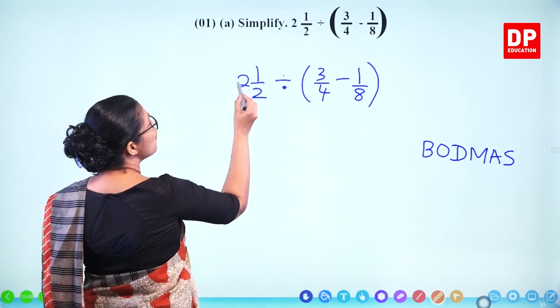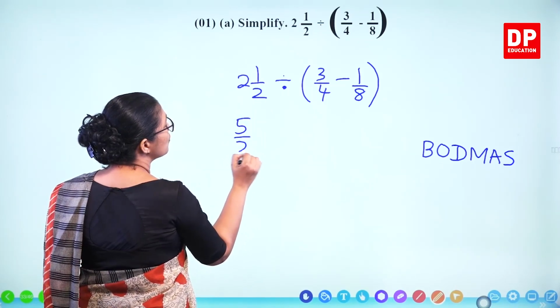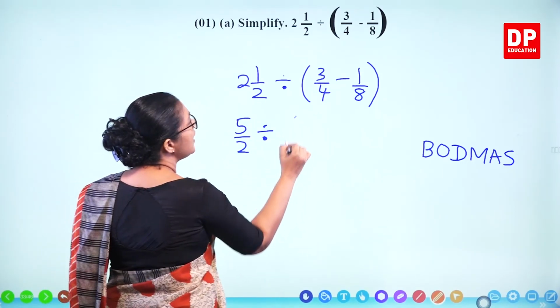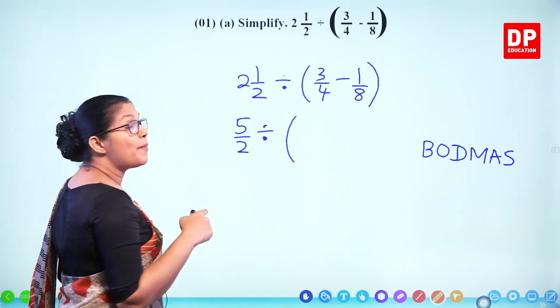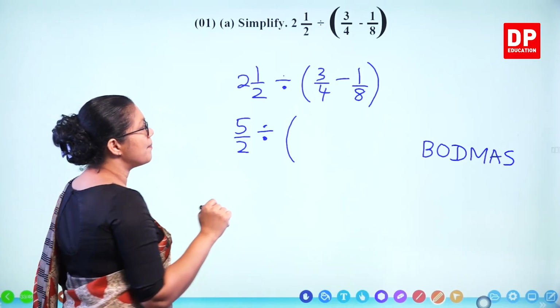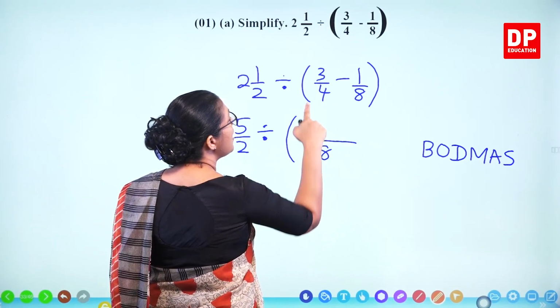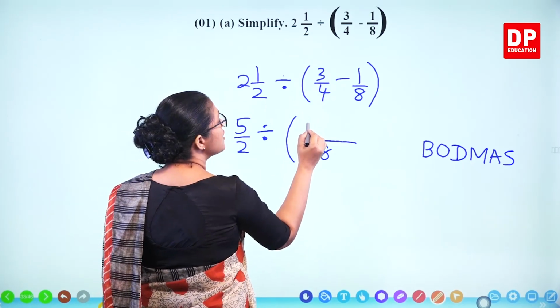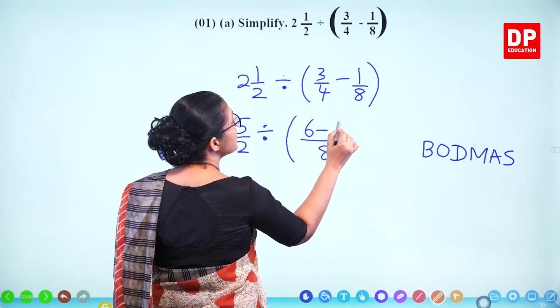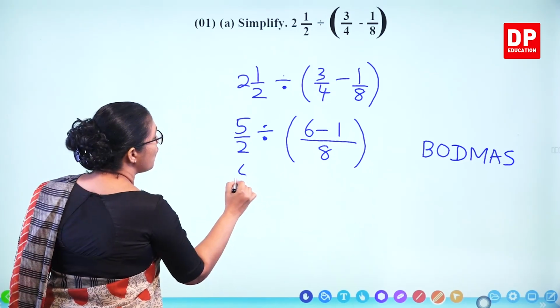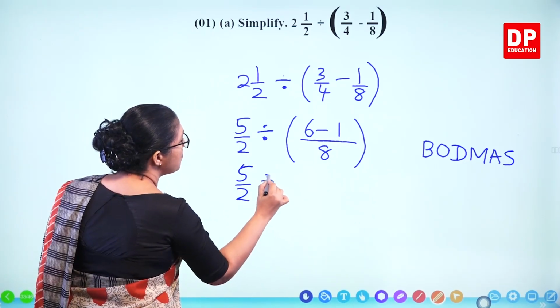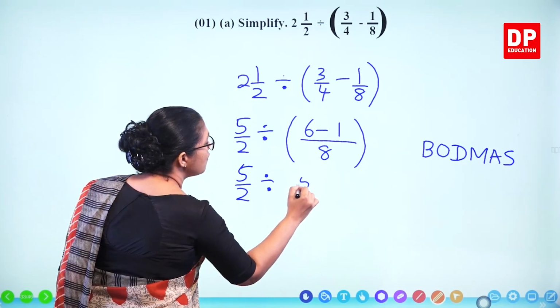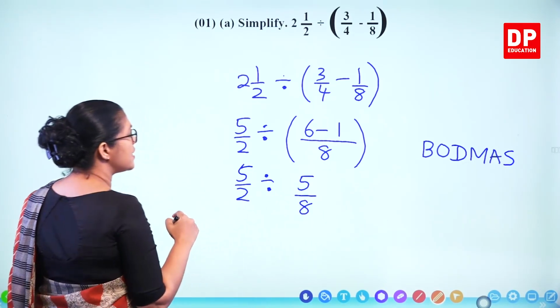So 2 times 2, 4 plus 1, 5. 5/2. Now inside, the denominators are different, so you have to convert to the same. 8 is the lowest common multiple, so convert to 8. 4 times 2, 8. 3 times 2, 6. 6 minus 1, 5. So 5/2 divided by 5/8.